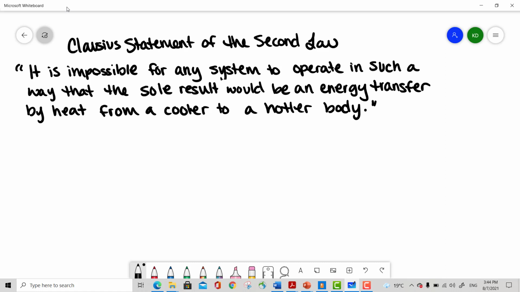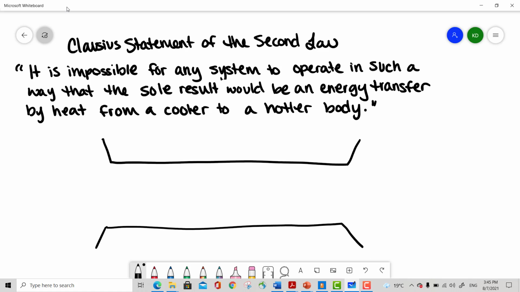It's not just going to naturally and magically go from cold to hot. So that's what it means when it says the sole result. There are so many other actions and energy transfers that need to happen for an AC or a refrigerator to work. You can't just build a refrigerator or an AC and leave it and it's going to naturally perform in this way. So that's what he's saying. And to just draw a little schematic, let's see.